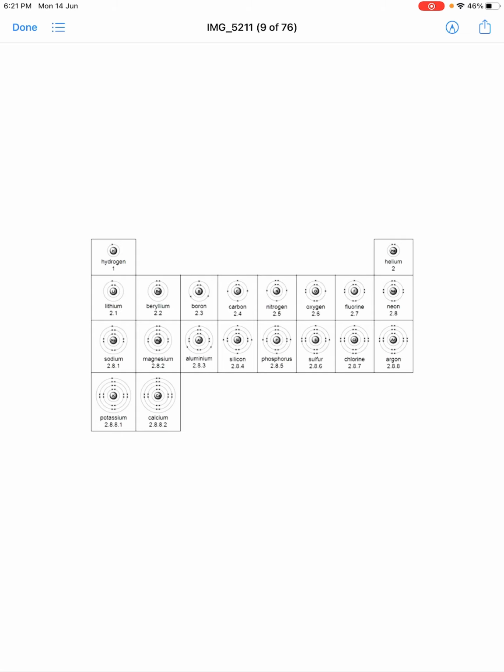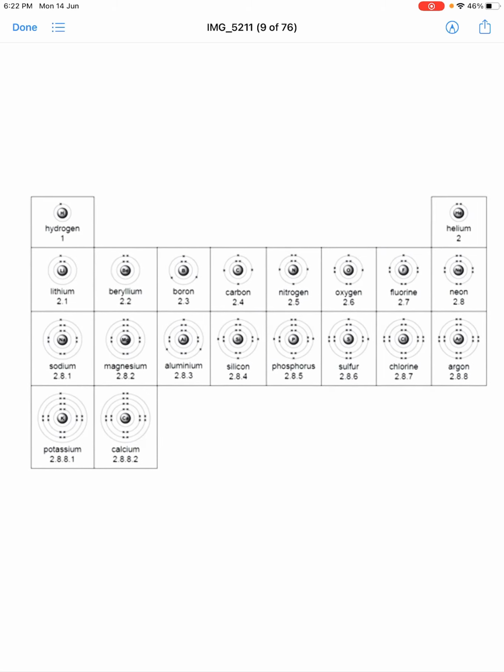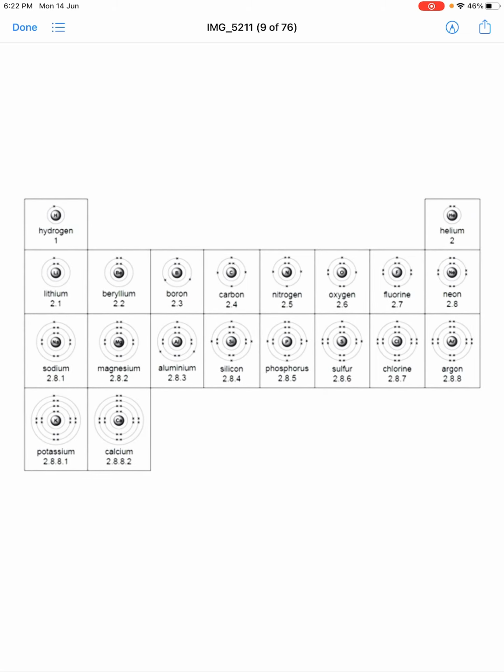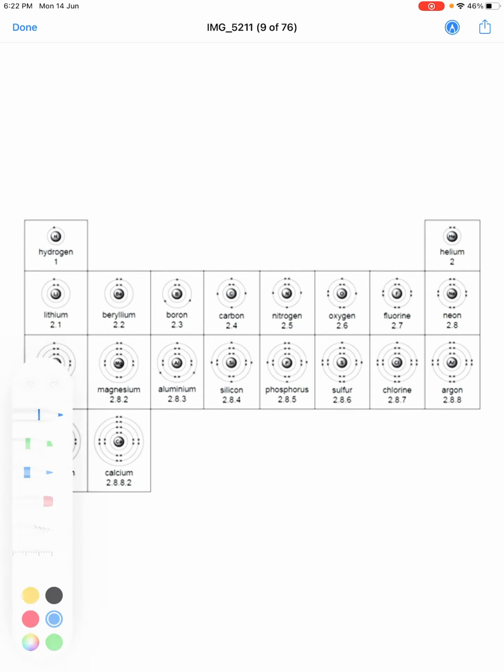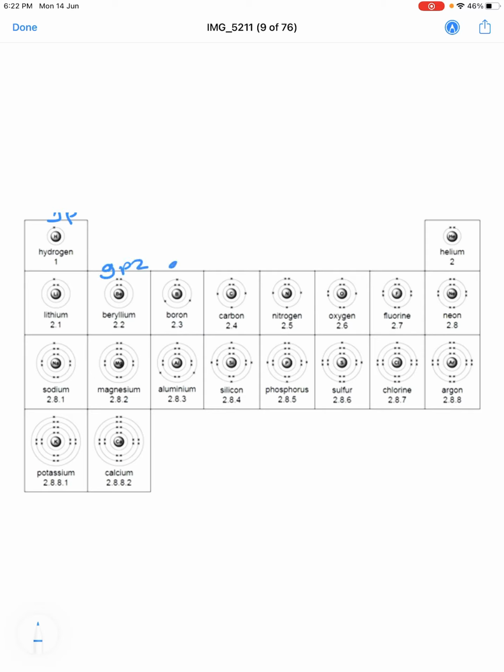So if I look at this, that's a part of the periodic table, and it shows you the electrons around some of the metals and some of the non-metals. Here is group 1, group 2, group 3, group 4, group 5, group 6, group 7, and group 8.